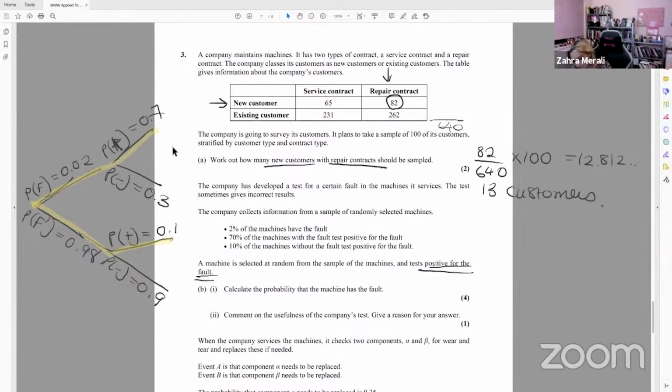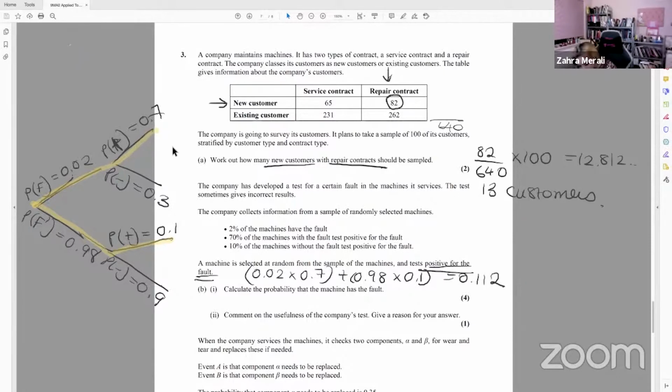So 0.02 times 0.7, plus 0.98 times 0.1. So those are the possibilities. Now it's saying that's what I'm starting with. I only care about those two branches. So those two branches together, if I multiply that up, give me 0.112.